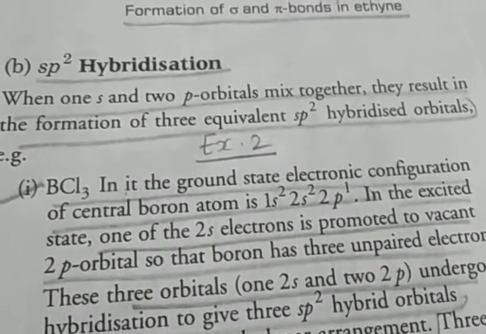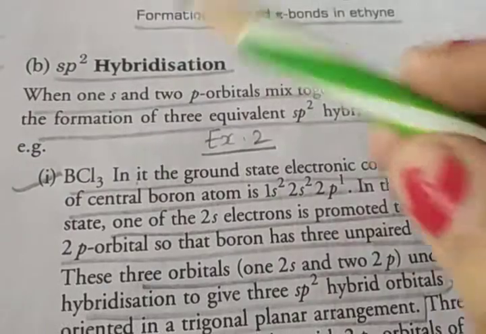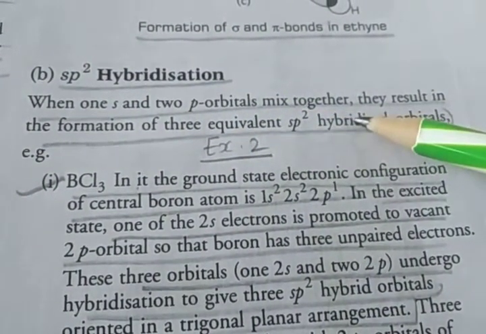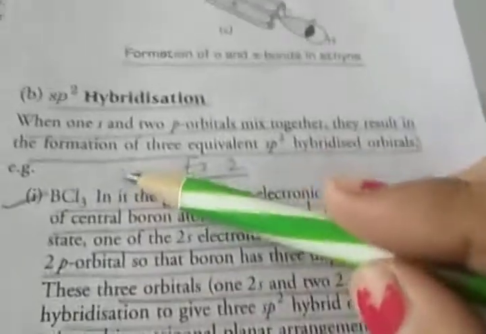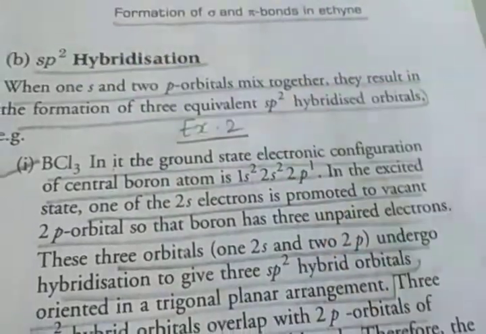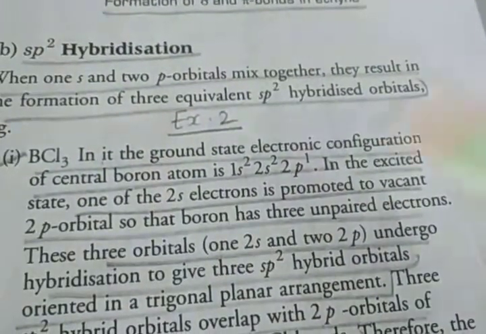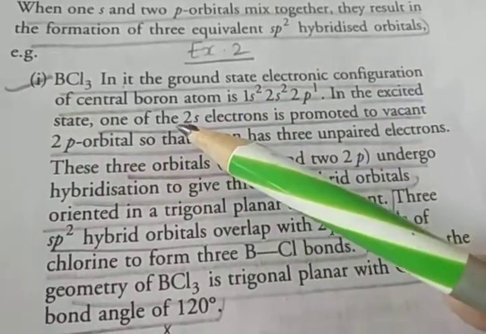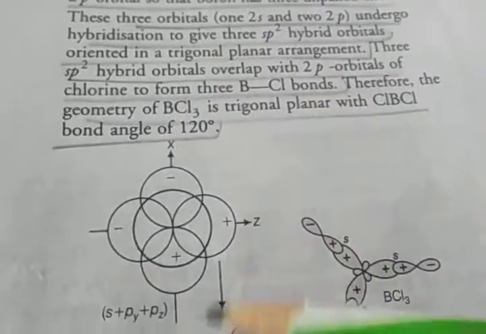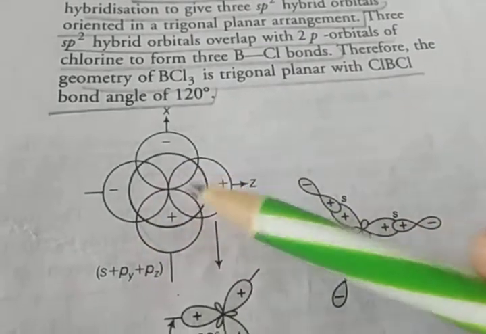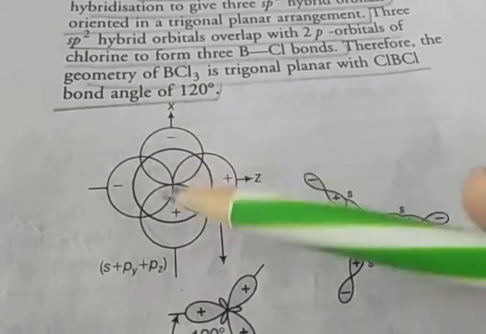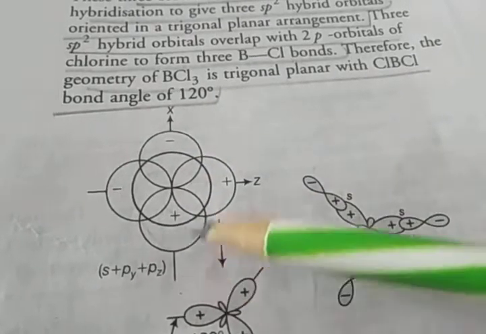Then the next hybridization, sp2. One s and two p orbitals mix together, and result in the formation of 3 equivalent sp2 hybridized orbitals. The first example given is boron trichloride, BCl3. Here you see the spherical shape of the boron and then the trichloride.